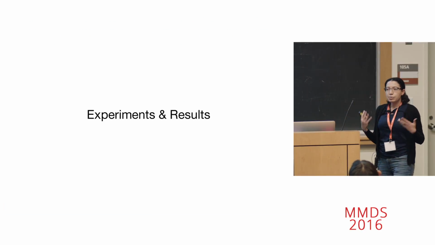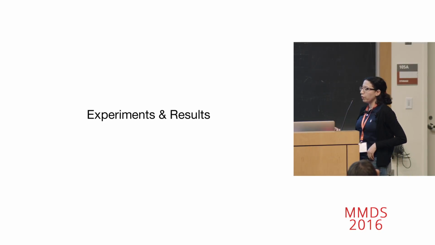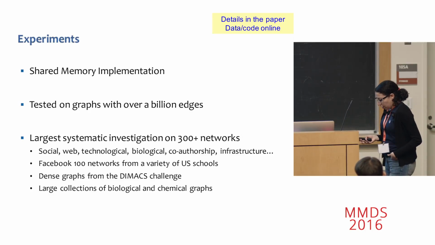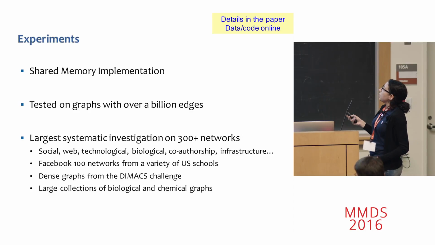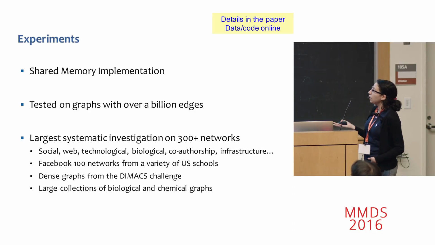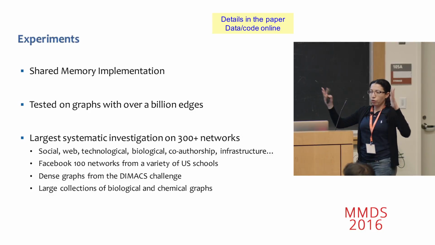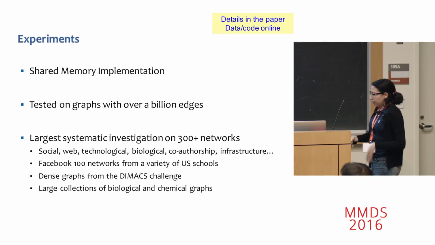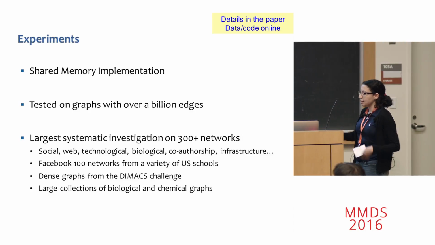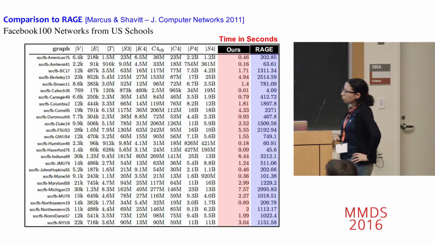But I would like to give you some sense of how that framework provides nice results over the previous work. Our experimental setup is a shared memory implementation using OpenMP at this point, and we tested on different graphs up to over a billion edges, over 300 graphs from different types of networks and domains.